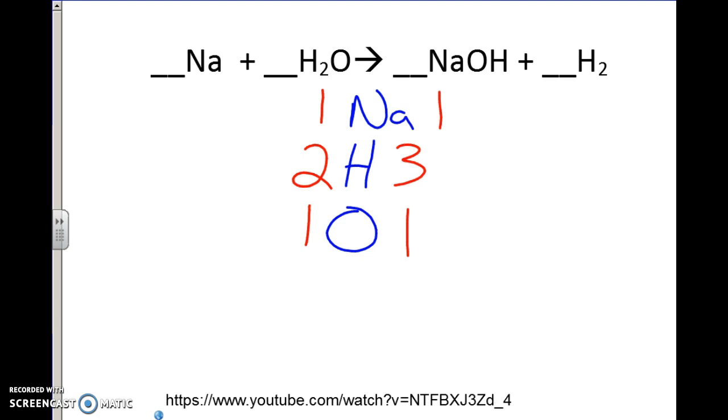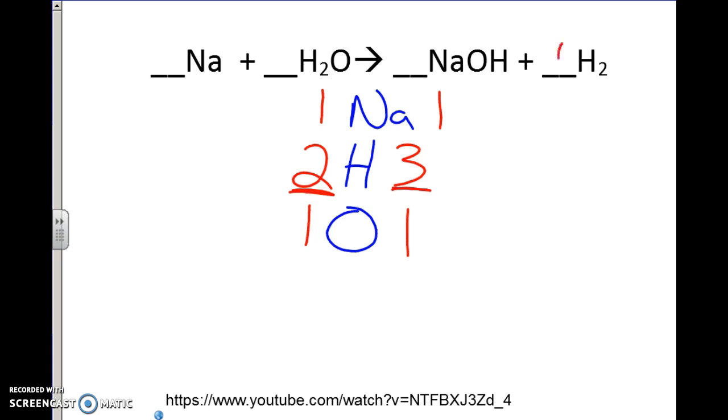So in this problem, I have 3 hydrogens on this side, and I have 2 hydrogens on this side. That isn't very helpful. Let's see, what else can we work on here? We have 1 oxygen on each side. Well, what if we did this?